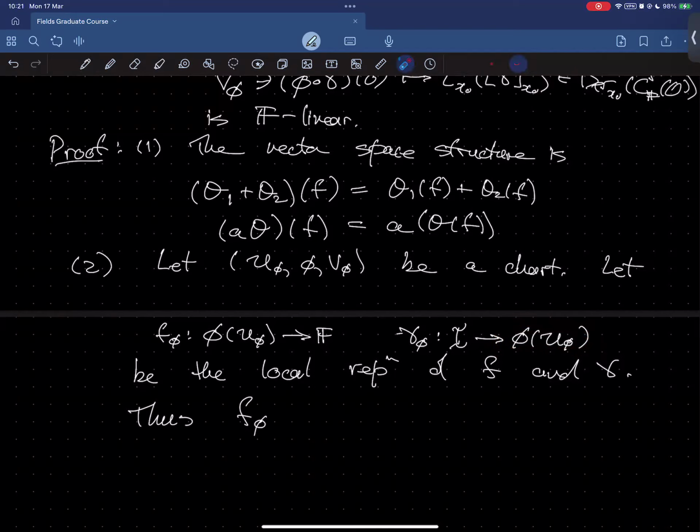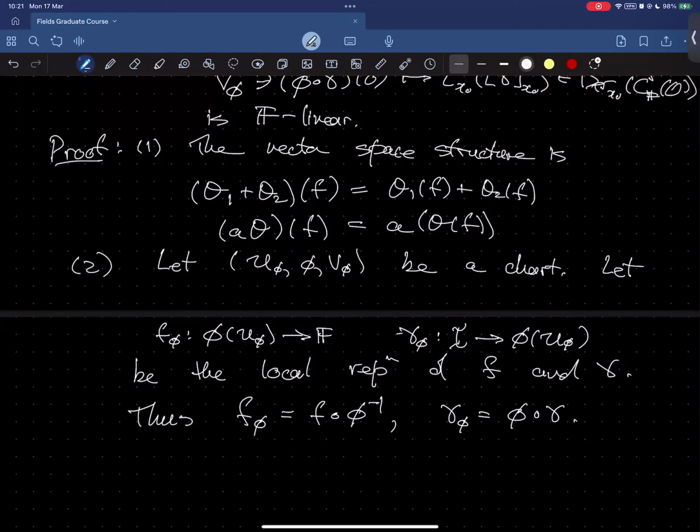Remember that this takes values in F, and the chart I'm going to be using for F is just the identity chart. So the local representative of f is f composed with phi inverse, and gamma phi is phi composed with gamma.